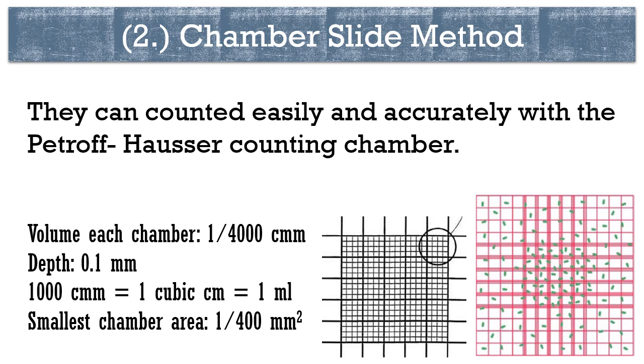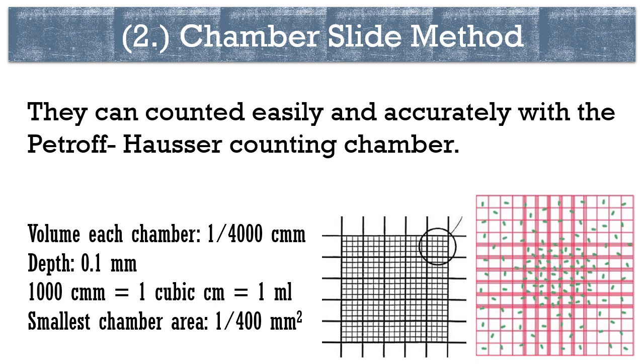This approach is easy, inexpensive and relatively quick. It also gives information about the size and morphology of the microorganism. Basically, counting chambers consist of a specially designed slide and cover slip. The space between the slide and cover slip creates a chamber of a known depth, that is 0.1 mm.